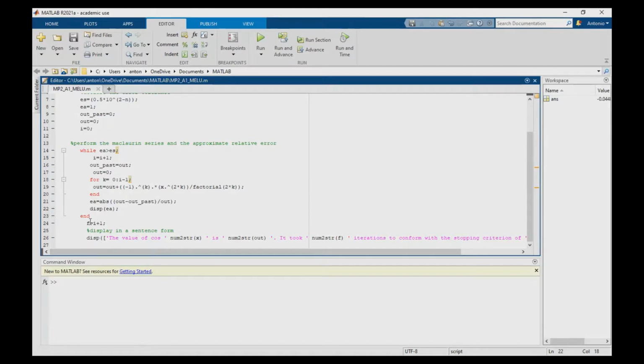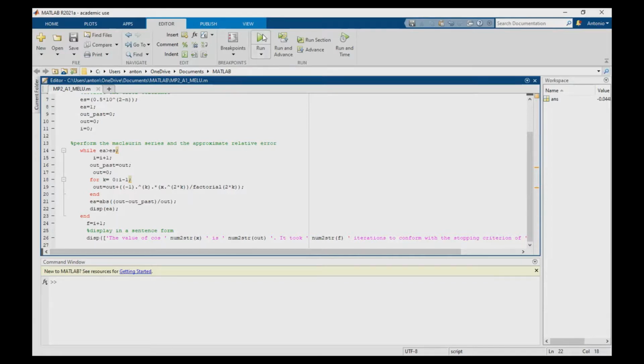At the end of the while loop, I added f is equal to I plus 1, since I started out as 1 where n is equal to 1 and did not take 0 into account. So you just add 1 in order to make the iteration criterion the same as the one in the chart.